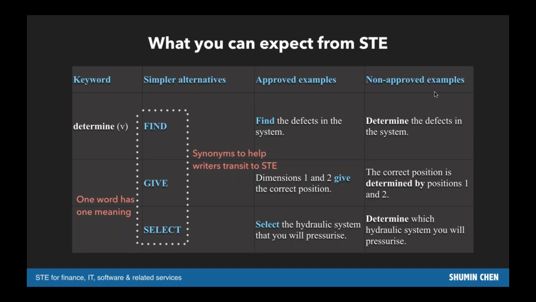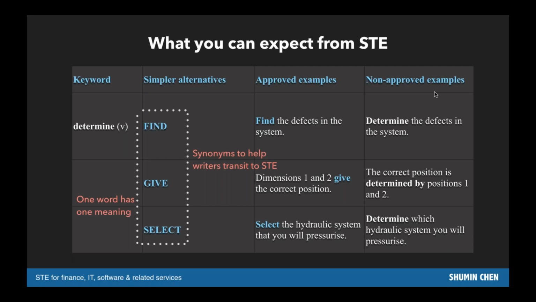So what are your expectations for STE, you might ask? I might ask. So STE, as I've mentioned, it's close to 400 pages of reading. So you have about half of it would be the rules, and the other half is actually the general dictionary. And here you are looking at one of the dictionary entries.